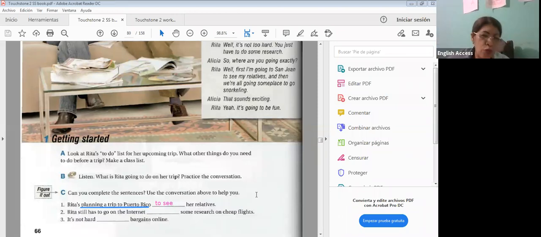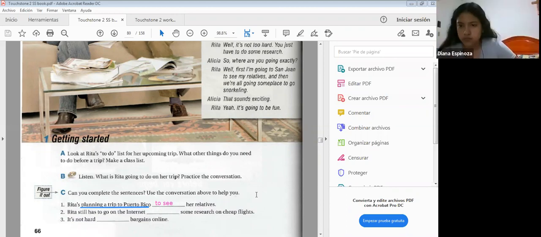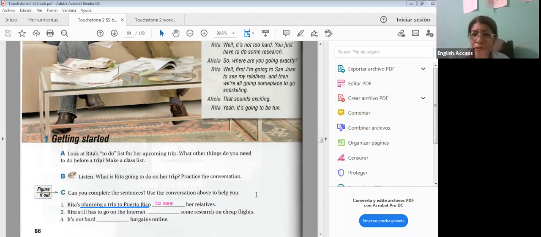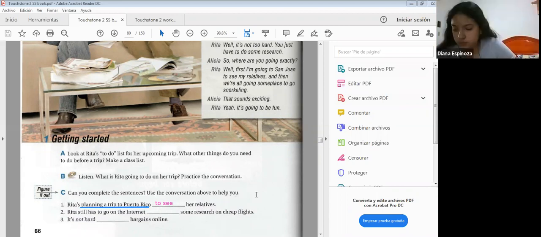Here it says to find, but the answer is on the second line of Rita. Pay attention to the second line of Rita.